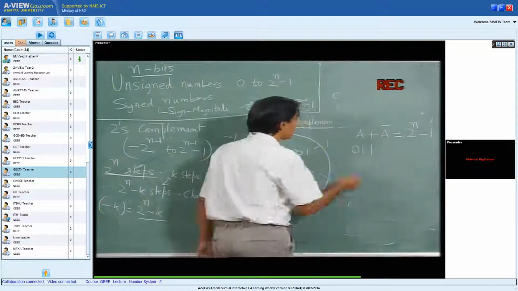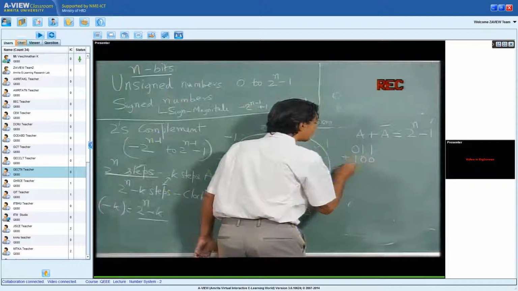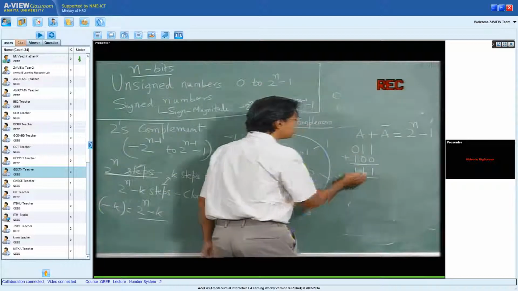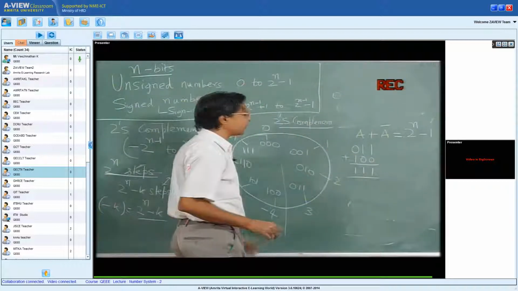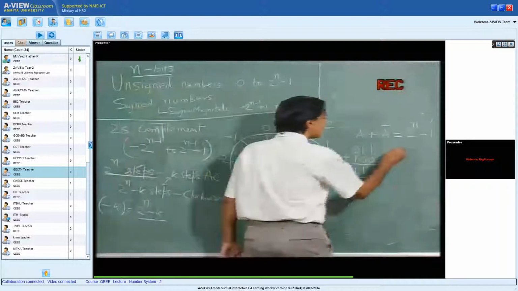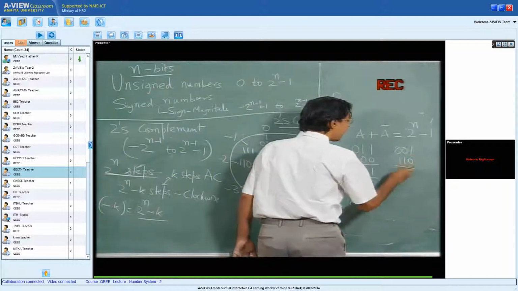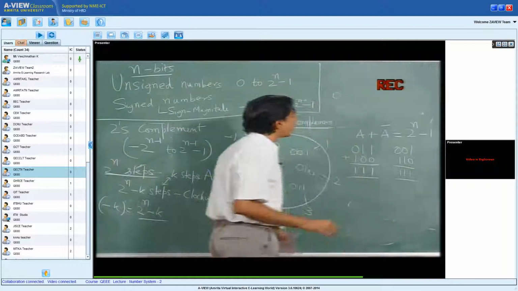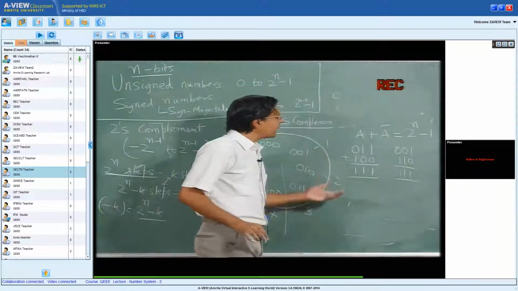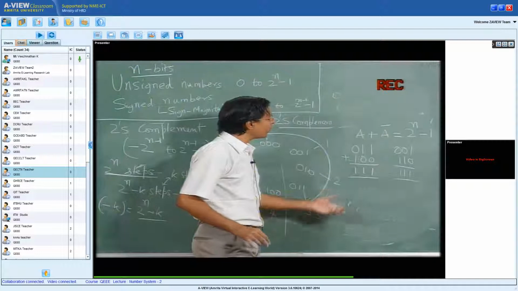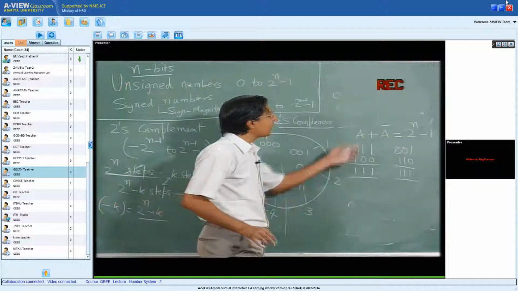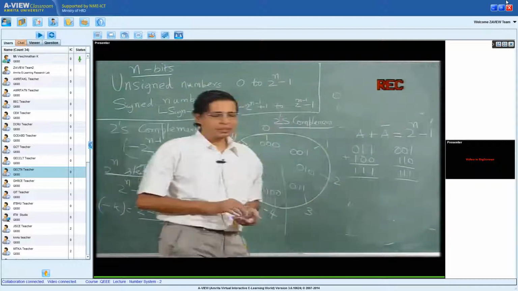I complement every bit, 1 0 0. I add them, I get 1 1 1, which is 7, which is 2 power 3 minus 1. Let us take another number, 1. I complement every bit and I add, I get the same. So if you take any number, complement every bit and then add, I get 2 power n minus 1.